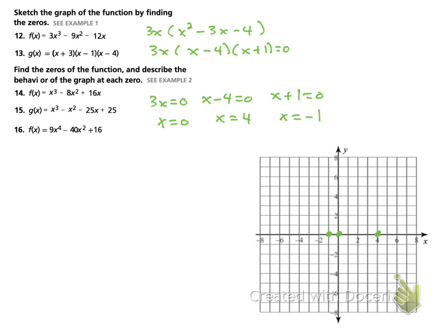And since my leading term is 3x cubed, it's positive and it has an odd exponent, up to 2 turns. Now you can plug it in your calculator, but you know it's going to be up to 2 turns, so it'll look something like that. That's the sketch that we want to get.